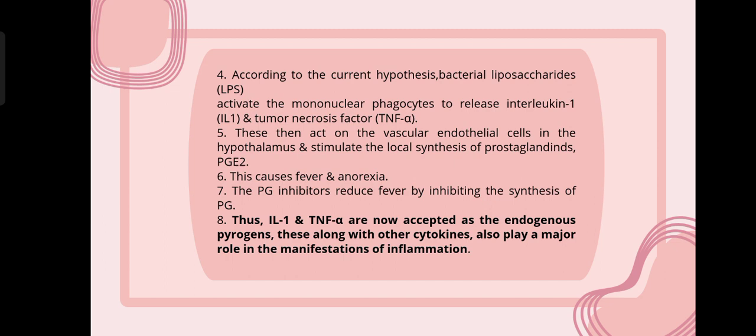So these three factors act as endogenous pyrogens, which play a role in the manifestation, meaning they play a role to start a kind of inflammation. It will increase our body temperature. There will be a change in the environment of the body temperature.